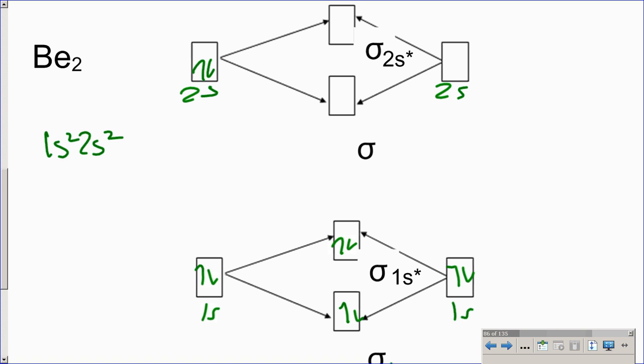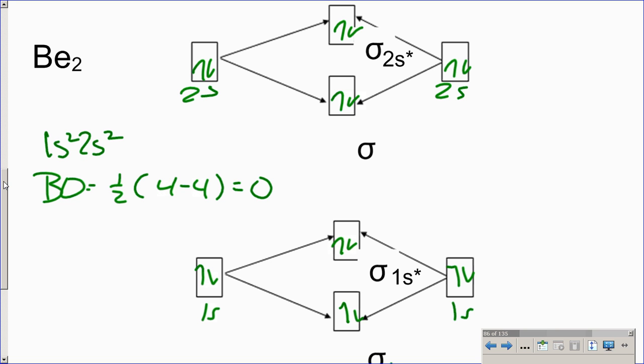They have 2 electrons, so they get filled. So bond order is 1/2 of 4 minus 4, so that is 0. So diatomic beryllium will not exist in nature. Nope, ain't gonna happen. So the stability of this is nothing. Not stable, not gonna happen.